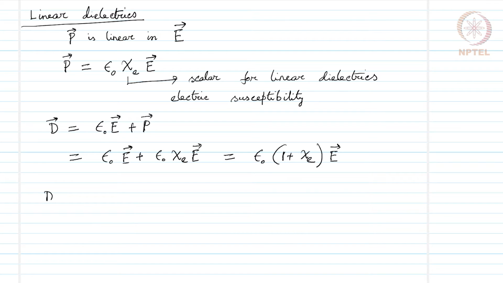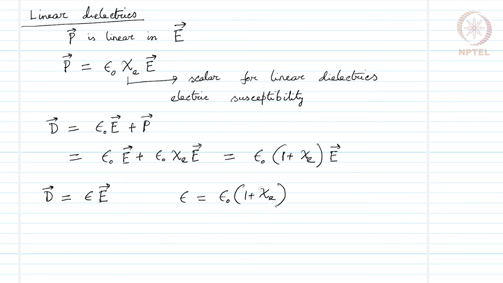So, let us write the displacement vector as epsilon times the electric field, where epsilon is given as epsilon naught times 1 plus the electric susceptibility.